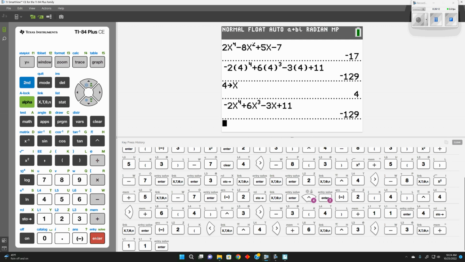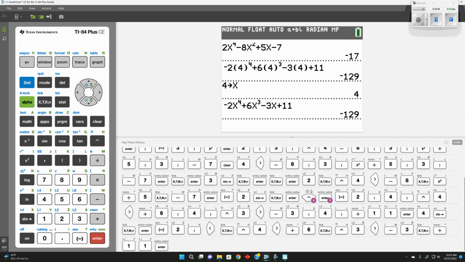Gives us the exact same thing. Number, store, variable, and then just type the function in.